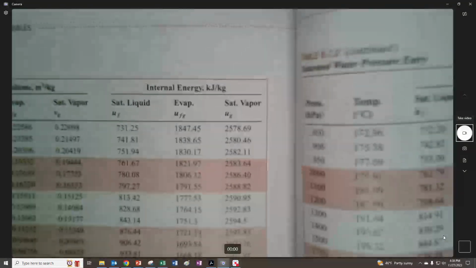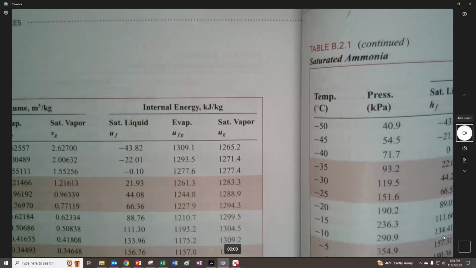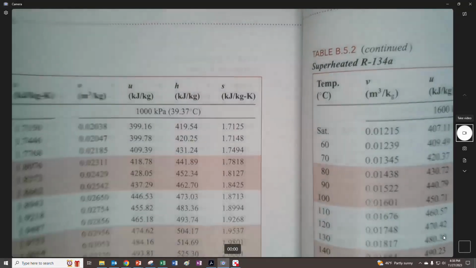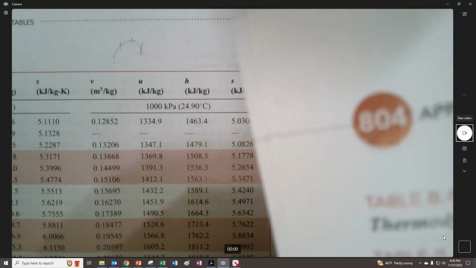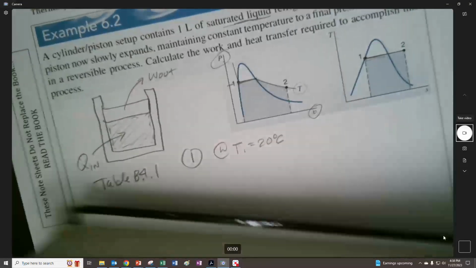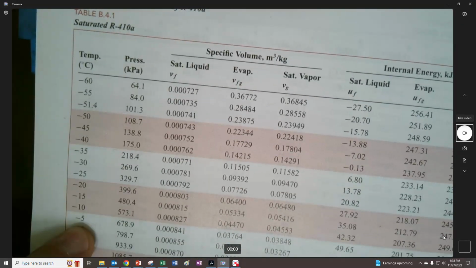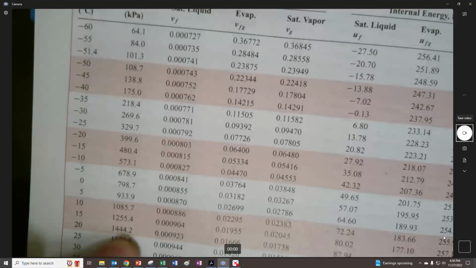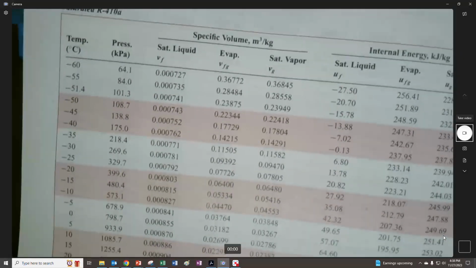I know it makes for a longer video, but I would appreciate it if people would actually work through the things themselves instead of just throwing numbers out at me. That's my opinion. All right, so we're at 20 degrees Celsius, and the saturation pressure is 1,444.2 kPa.